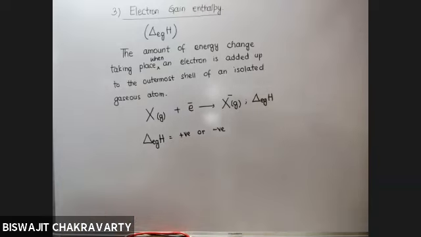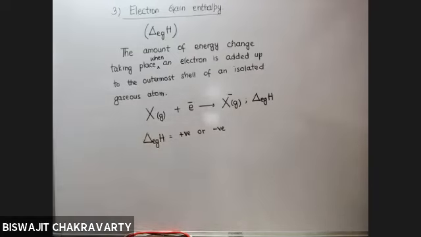Because change can be negative, but individual energy can never be negative. Therefore, for ionization enthalpy you never get a negative value, but for electron gain enthalpy you will sometimes get negative values and sometimes positive values. Why is it so? And when will it be negative and when will it be positive? That we need to understand.